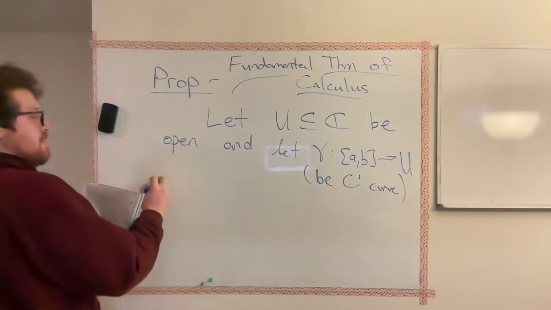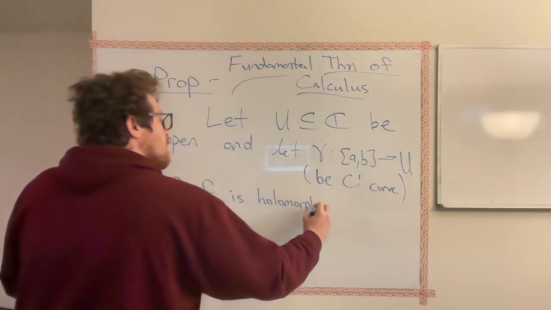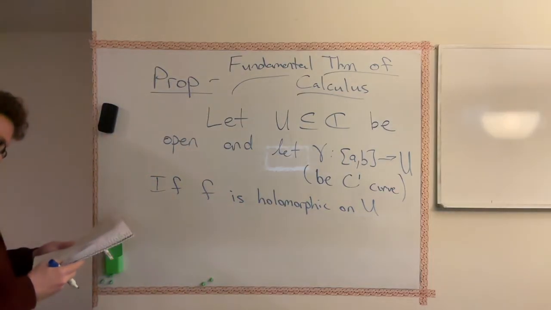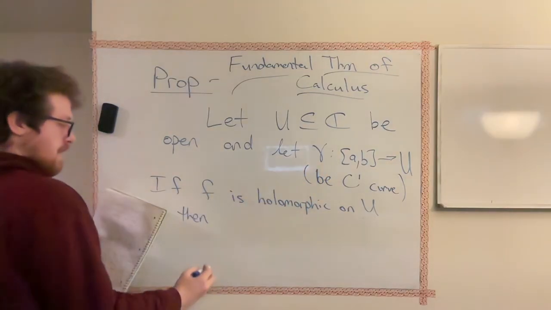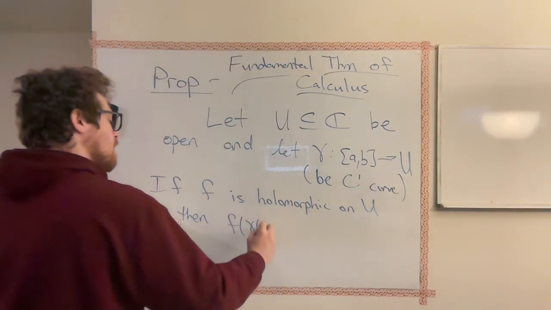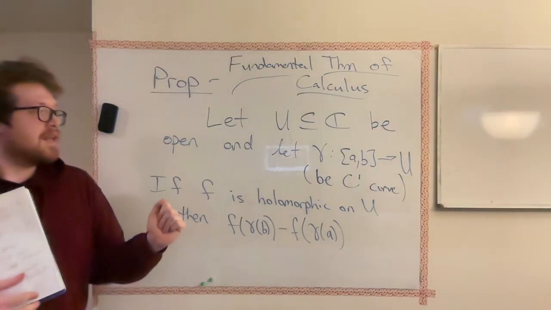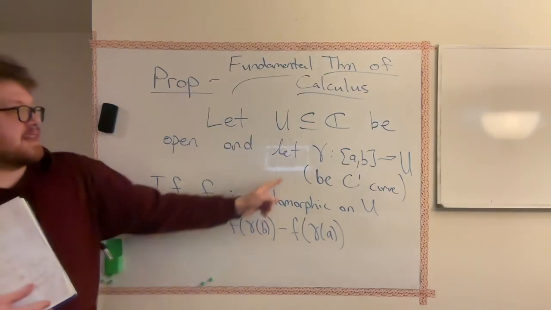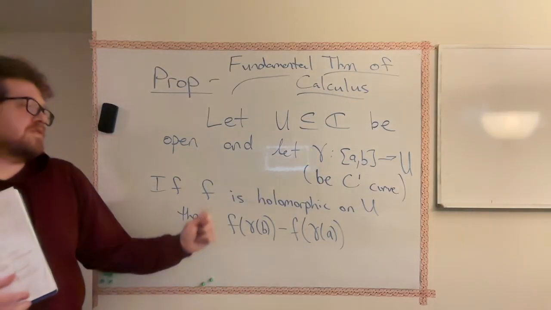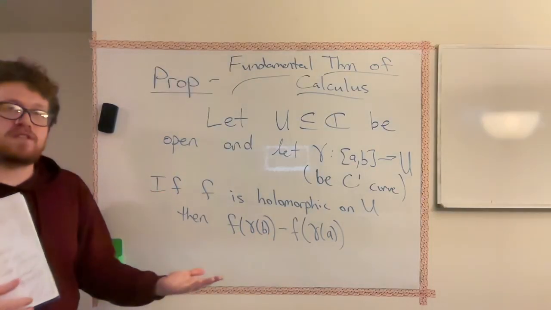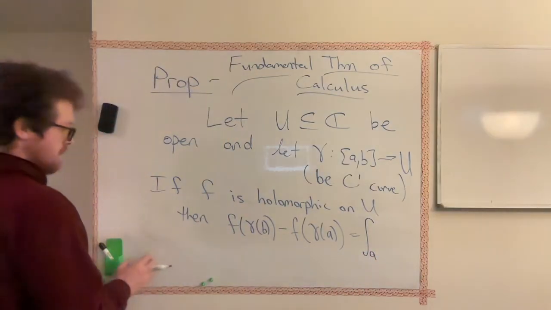So the statement is, if f is a holomorphic function on U, then the difference of f of gamma of b and f of gamma of a, the value of the function at the end of the curve minus the value of the function at the beginning of the curve, is, if it's going to be similar to the one variable case, equal to the integral of the derivative.